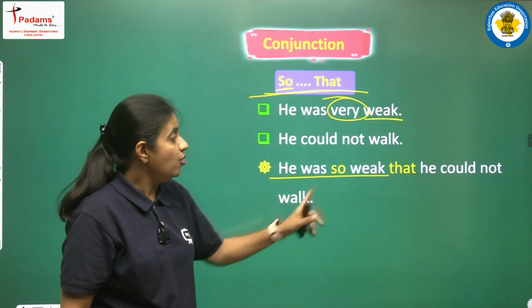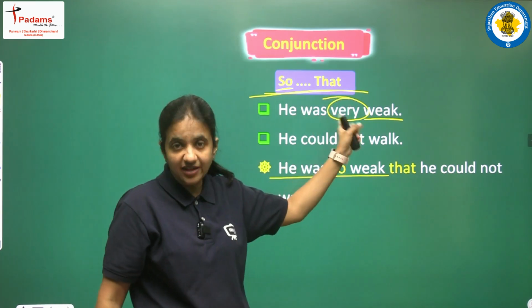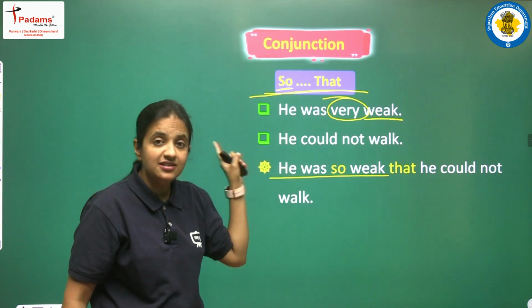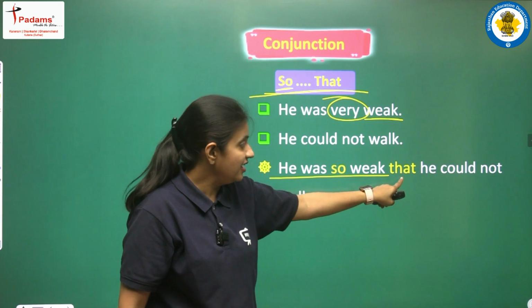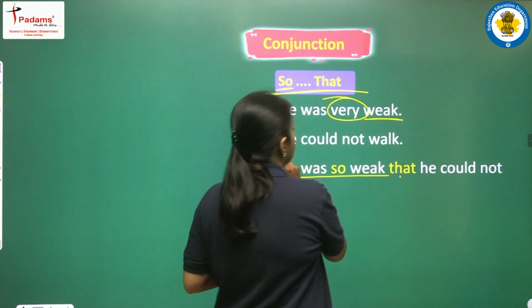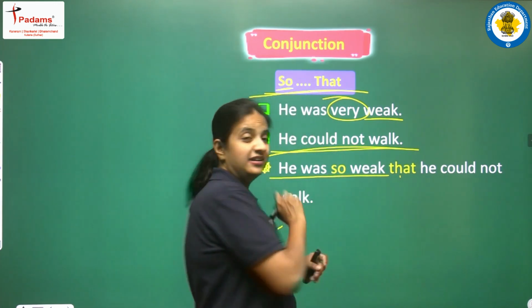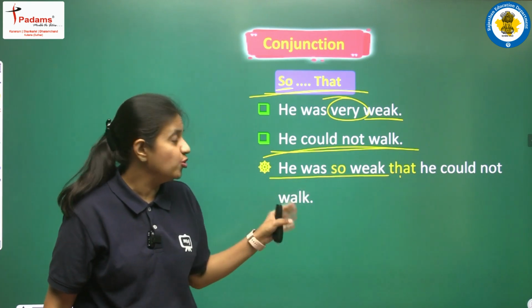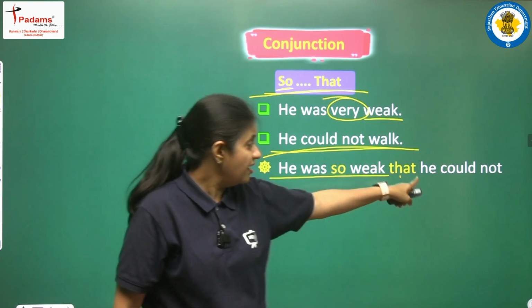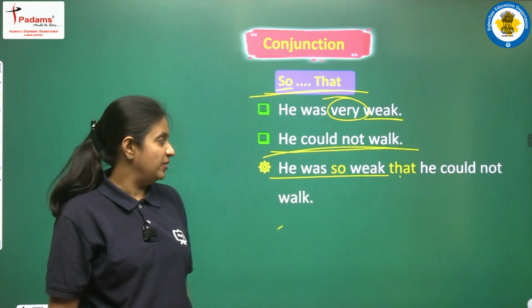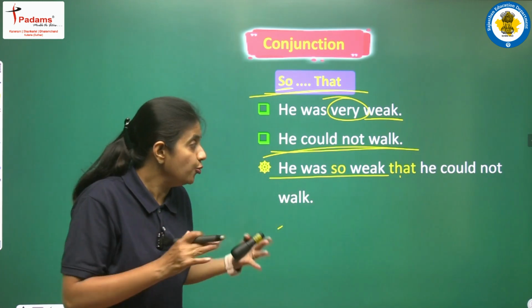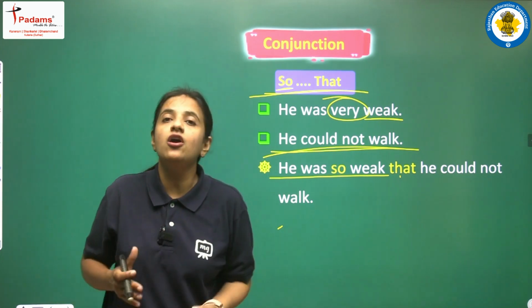Clear? Now next we have to use that. In the beginning of the second sentence we write that, and after this word we write the second sentence in the same manner, without any changes: he could not walk. The complete sentence will be: he was so weak that he could not walk.